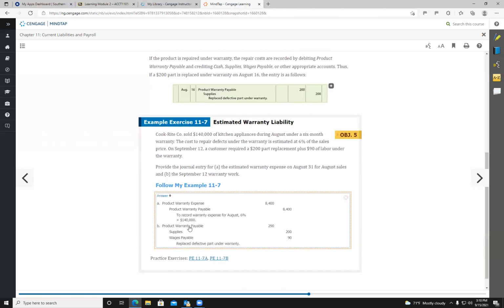So now we're going to reduce that payable, because we're using it up. We had to take $200 out of our supply asset account, and then set up $90 in wages payable for the labor, offsetting the product warranty liability with a $290 debit to that payable. And so that's how that journal entry would work for both of those.